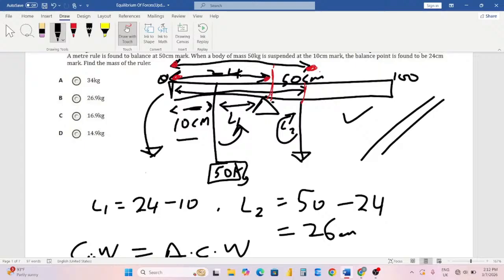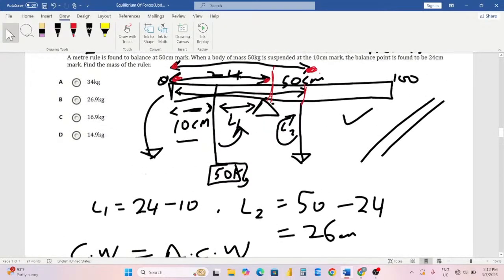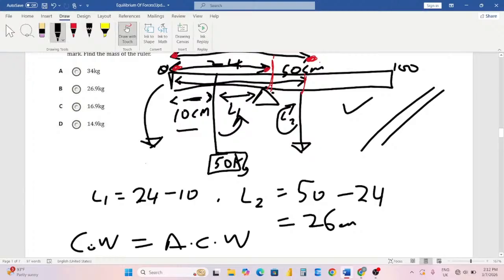The clockwise will be here, this place will be M, because that's where the mass of the ruler is experienced or felt.